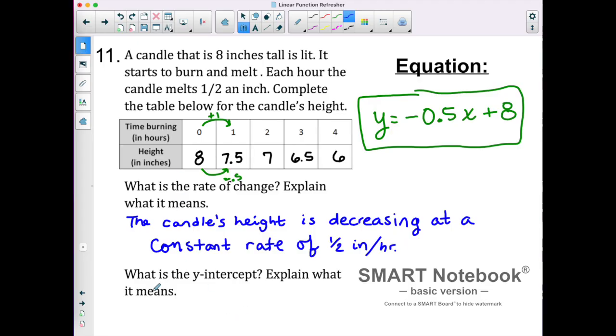And then the y-intercept was 0, 8. That means at hour 0, the height is 8. So the candle's initial height was 8 inches.